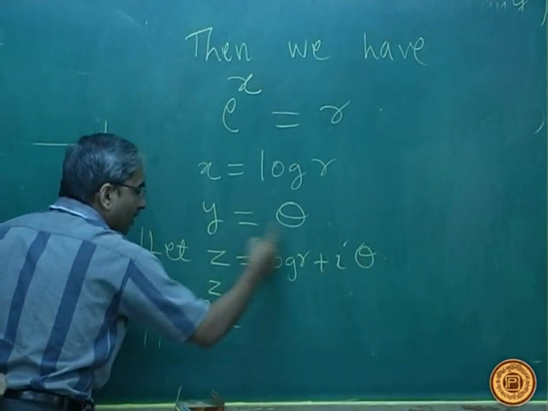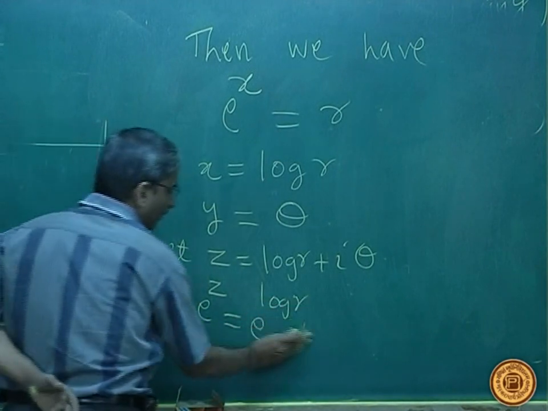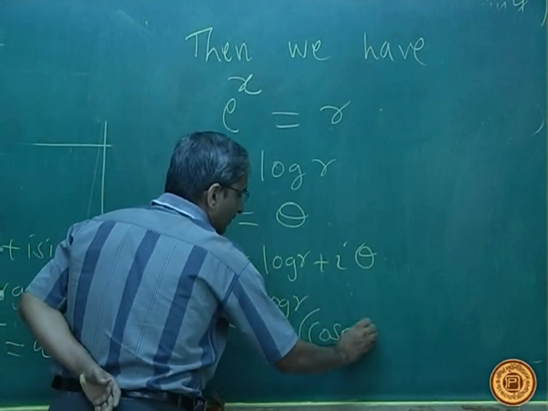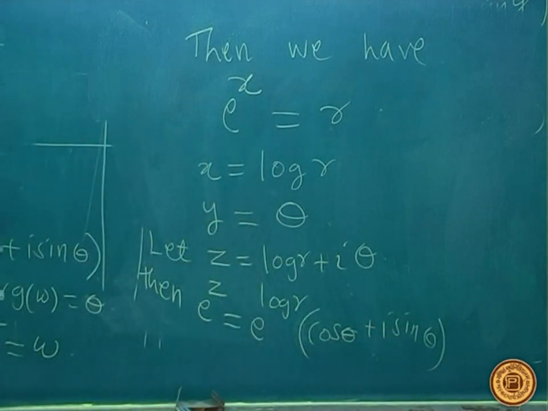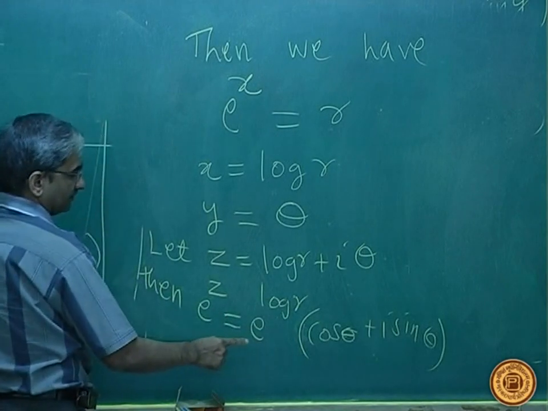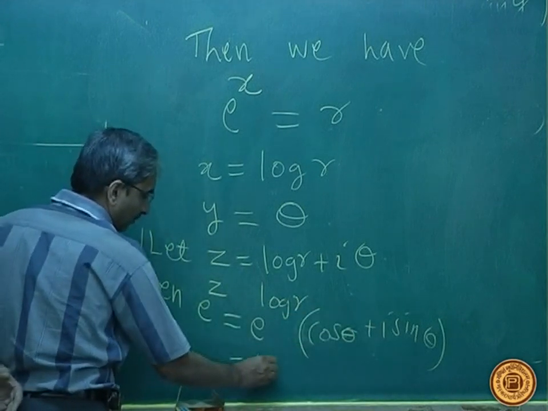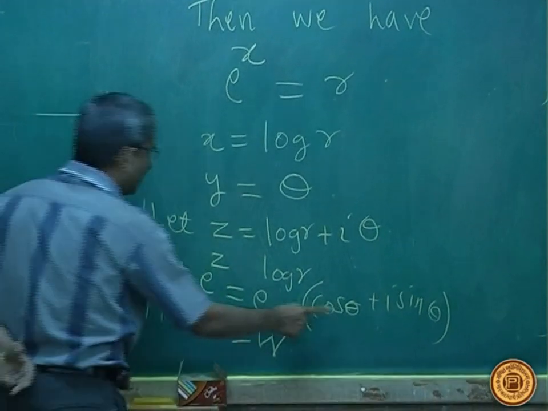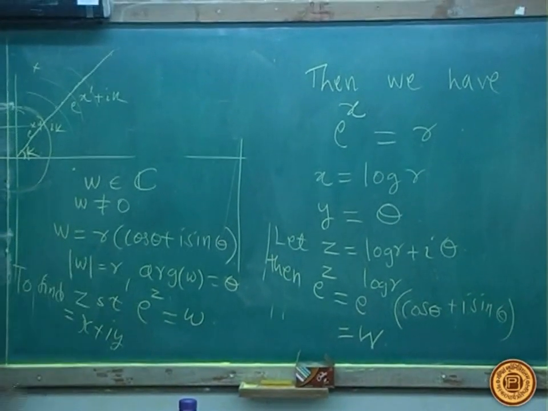So e to the power log r plus, e to the power x into cos y. This is y. cos theta plus i sin theta. But e to the power log r is r. So this is r into cos theta plus i sin theta. So that is actually w. e to the power log r, do you see that this is r? But r into cos theta plus i sin theta we took as w. So I get that e to the power z is w.